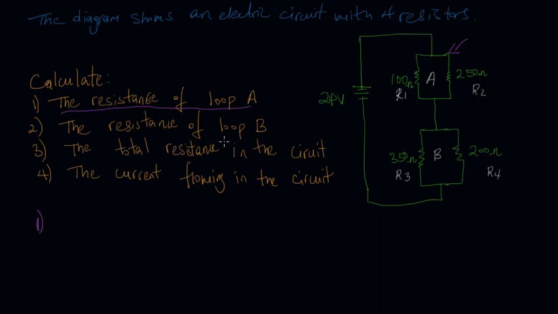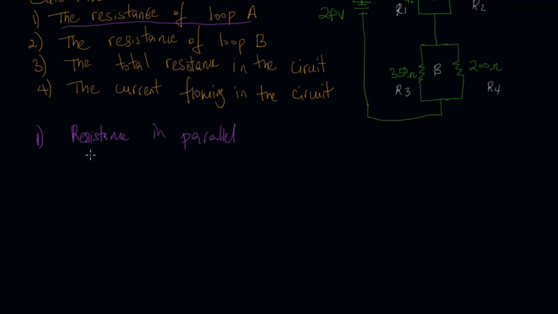Alright, so the resistance of the loop A. So to find resistance in parallel, we use the formula 1 upon RT.